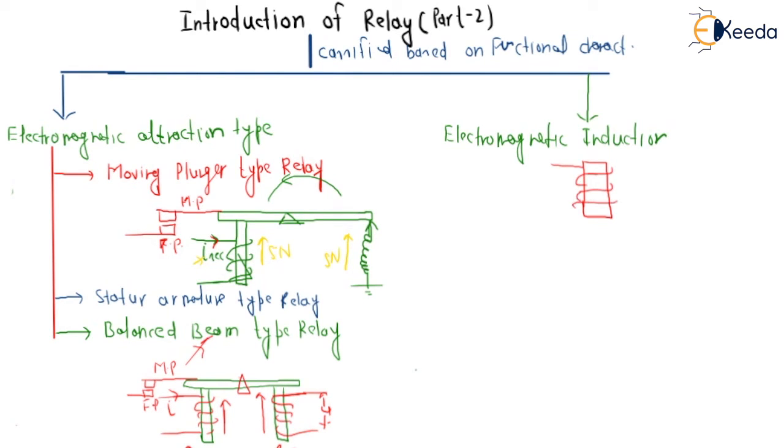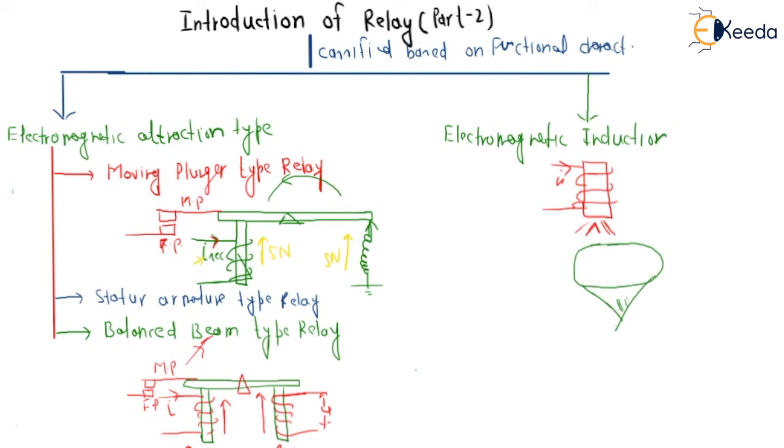If we have a moving metallic disk here, eddy currents will be generated, and these eddy currents will move the disk in whatever direction we desire. Now we are going to see this in detail.